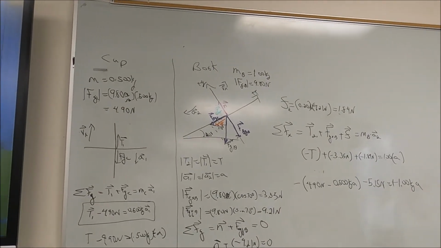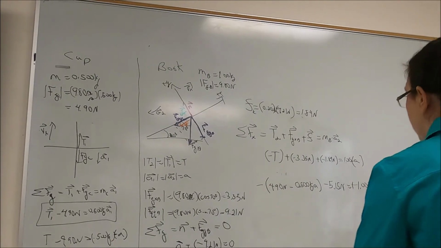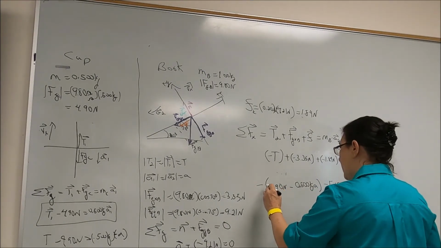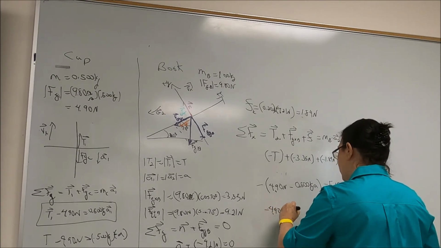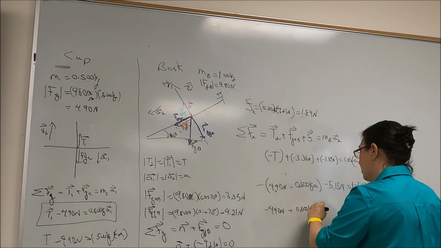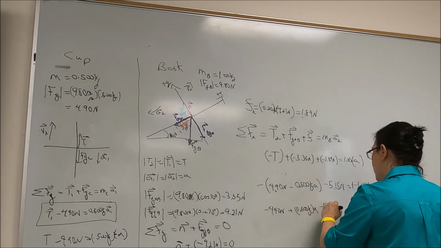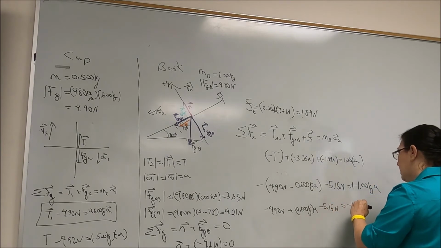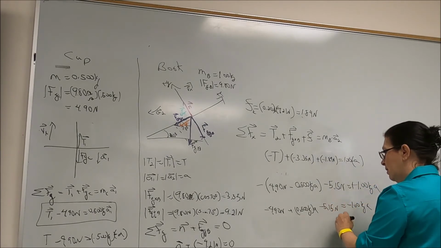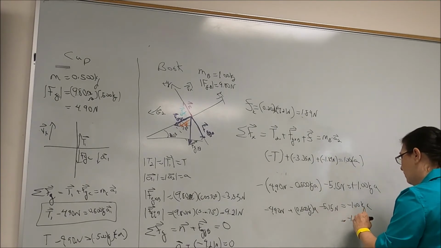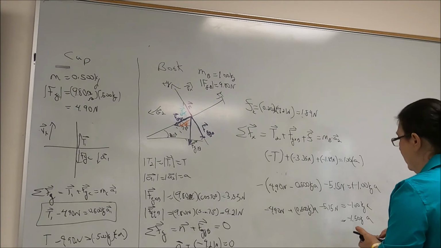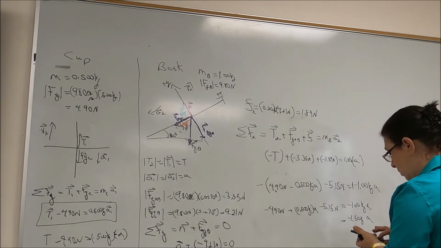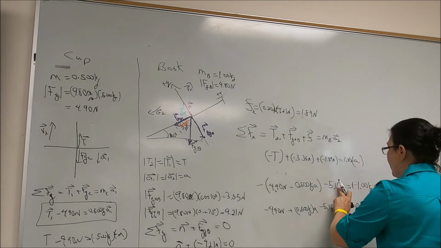Okay, guys. So if I take the negative sign in, I have minus 4.90 newtons plus 0.500 kilograms A minus 5.15 newtons equals a minus 1 kilogram A. So I take that over, have a minus 1.50 kilograms A is equal to, let's see, 3.35, that should be 1.9.